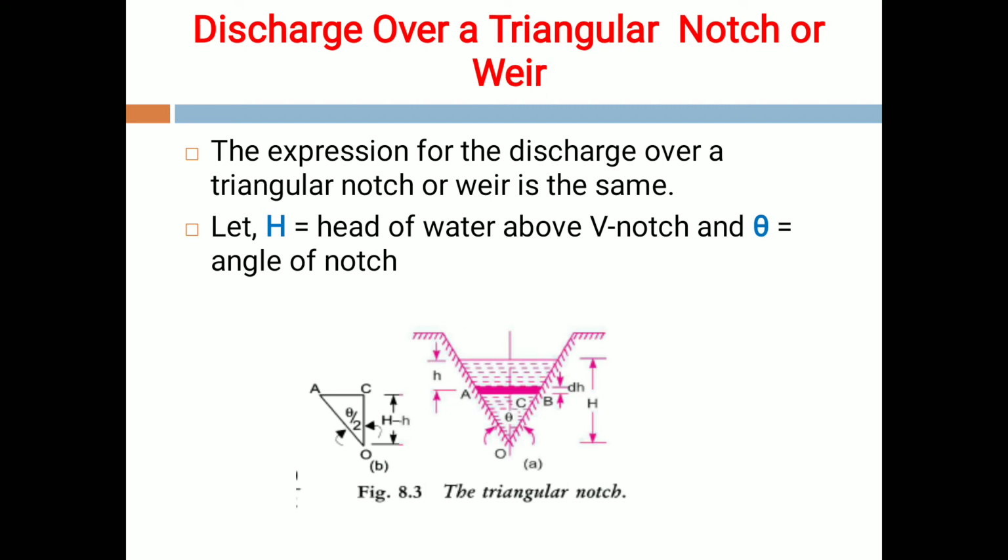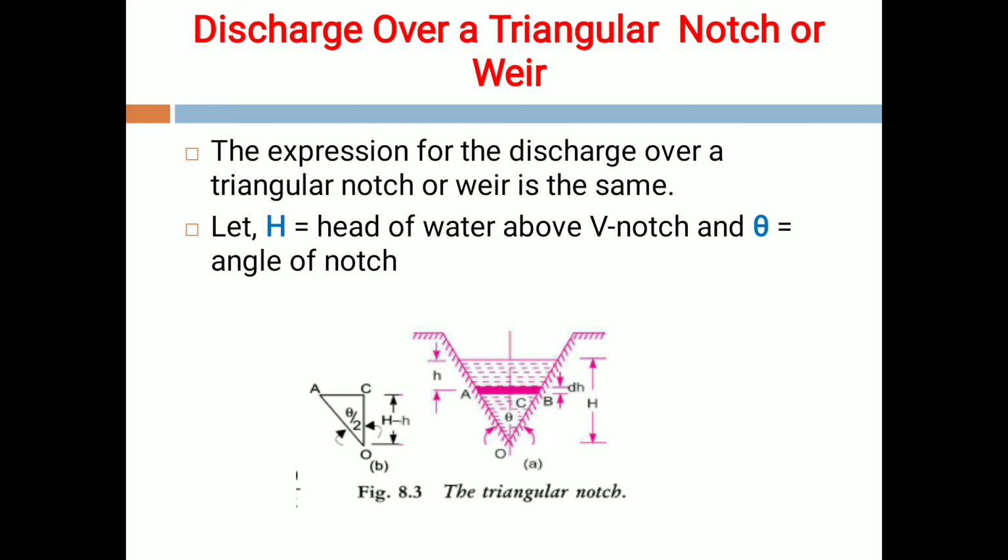In the last slide we have seen the discharge over a rectangular notch or weir, and the derivations are the same for the rectangular notch and rectangular weir. So, for both devices, namely notch and weir, or triangular notch and weir, the derivations or expressions are the same.